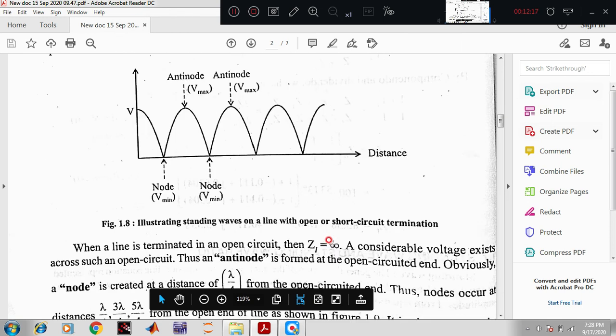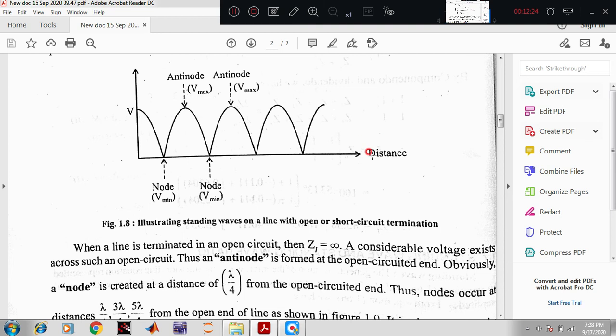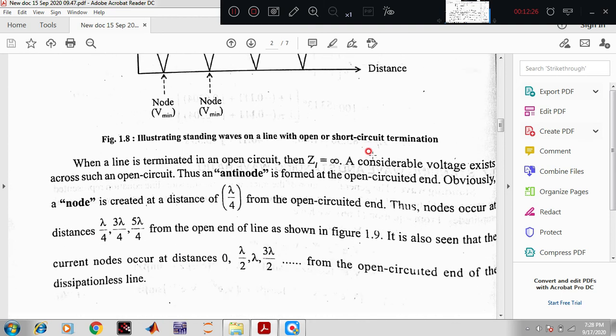And then here you can see the standing wave factor with respect to the amplitude as well as direction along the z-axis. Then whenever there is an open circuit, that is ZL is equal to infinity, one thing you have to remember here is that when ZL is equal to Z0 it is known as what?